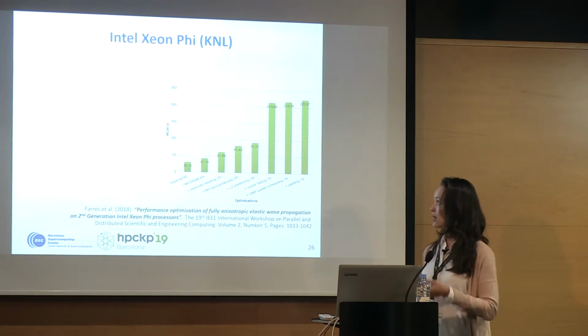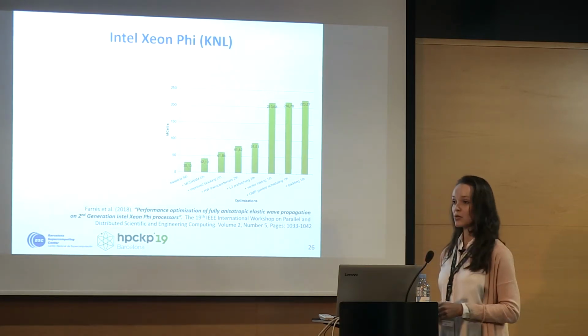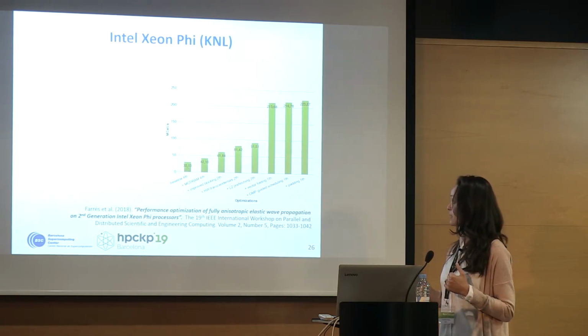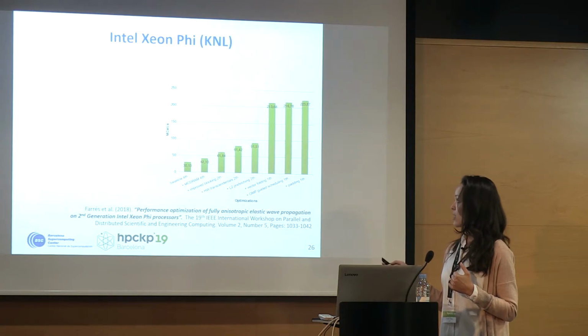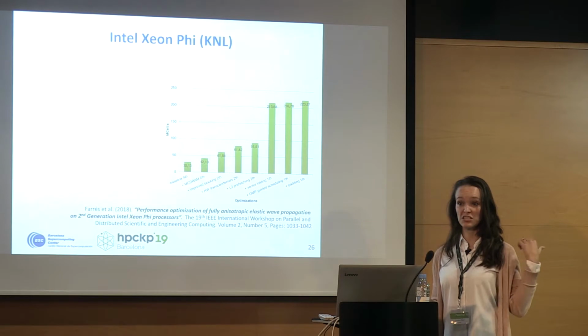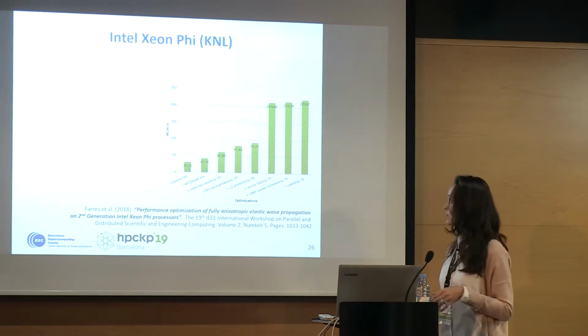This one was a deeper study we did with the KNLs because we had a collaboration with Intel, and they have a really nice optimization technique called vector folding. Because we are stencil-based, it collapses all the stencils and tries to compute them in the most efficient way.